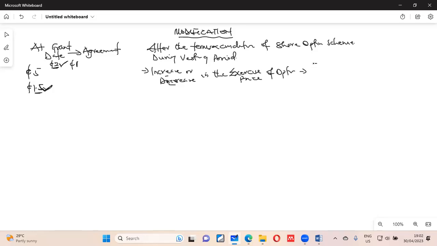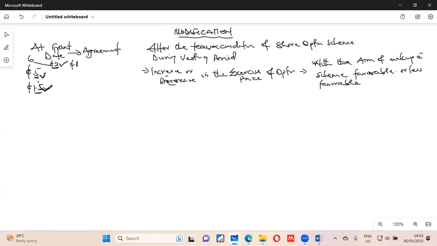So with the aim of making the thing favorable, or less favorable. So for example, when this thing is at 5 and you increase the exercise price to 6, you are making it less favorable for people to exercise when the price is at 5. So that is what is happening. So that is all about modification.